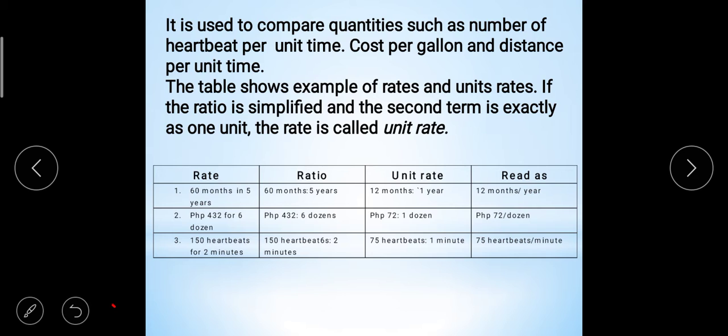What is our common factor for 432 pesos and 6 dozen? Can we divide 432 by 6?